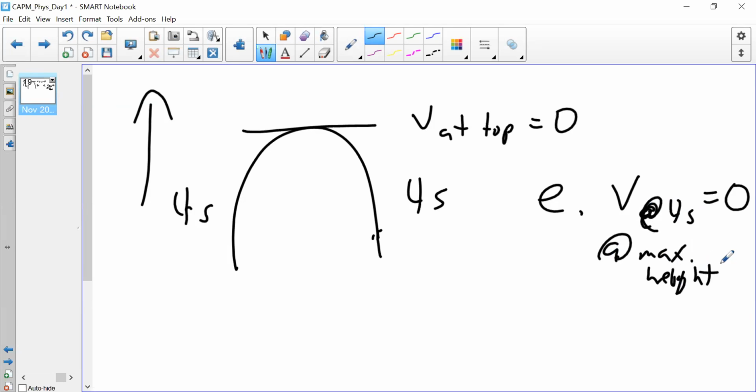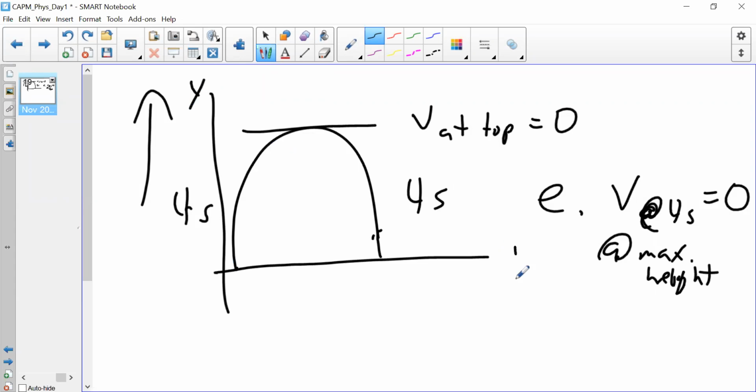Anytime you have these free fall problems that ask what is the velocity at the maximum height, it's always 0. Another way you know that data analysis wise is that if you do a graph of y versus t, there's no slope here. What have we said about velocity's relationship to displacement?